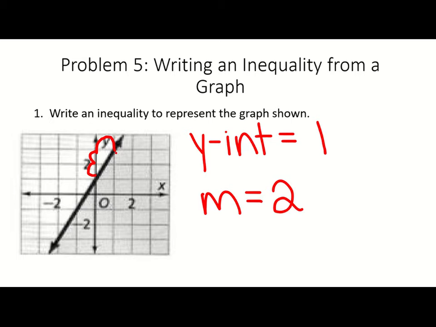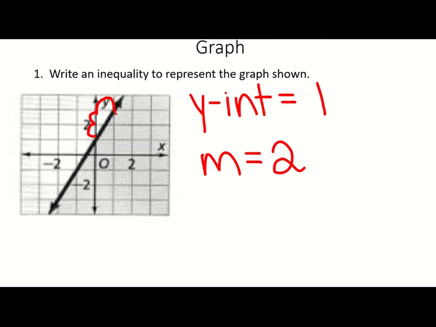Now, using this information, I'm going to write my inequality. So our inequalities are written, y equals mx plus b, but instead of equals, it's going to be an inequality symbol. So I write y, I leave a space, m was 2, times x plus my y-intercept was 1.